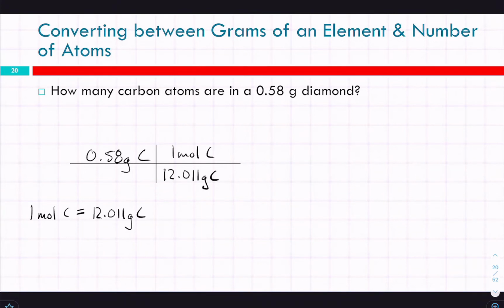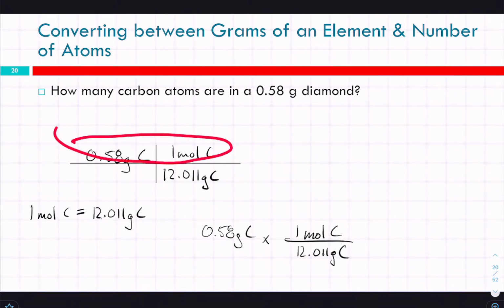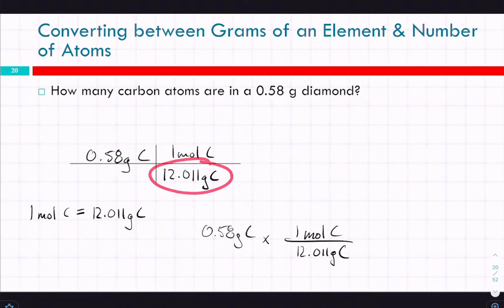Again, this is the same format as writing it out as 0.58 grams of carbon times 1 mole. Just to make sure we're all on the same page on that, we're multiplying everything on the top and dividing by everything on the bottom.